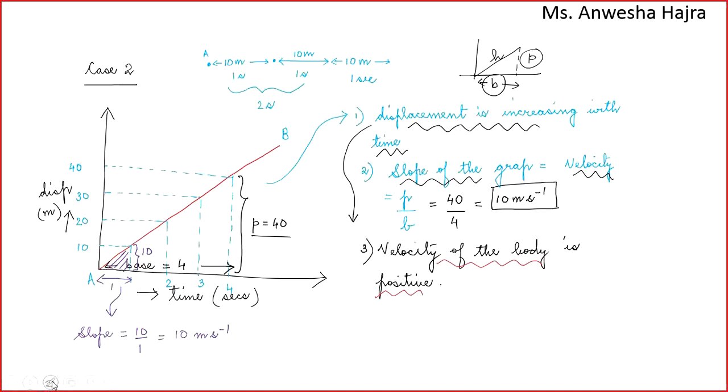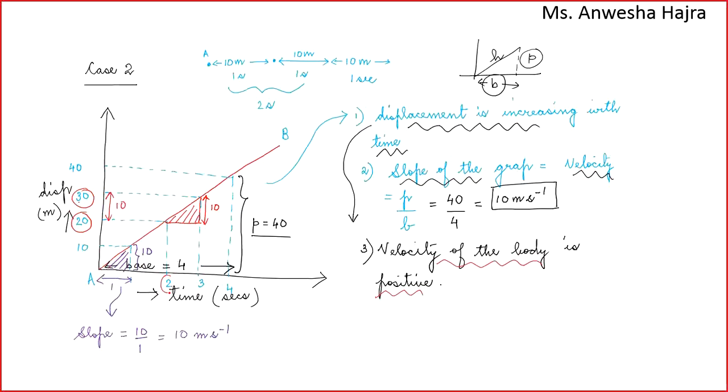Or say someone else tells me, Miss, I am going to take this triangle and find the slope. So this is 30, this is 20. So this part is 30 minus 20, 10. This is 10.